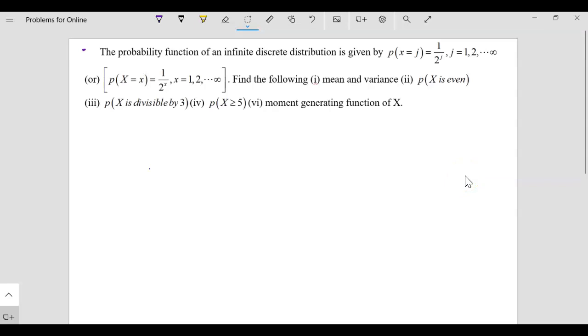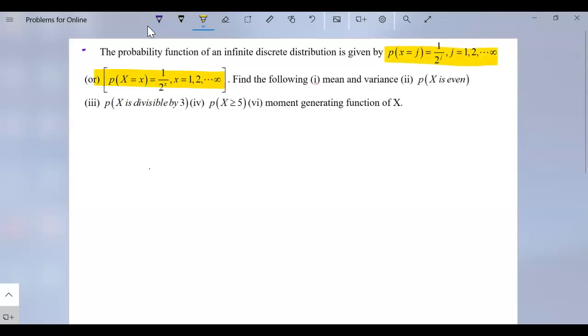Here, the probability mass function is given in a different manner. Let me write it here. Either this one or this one, both are same. Instead of small x, they have used j.